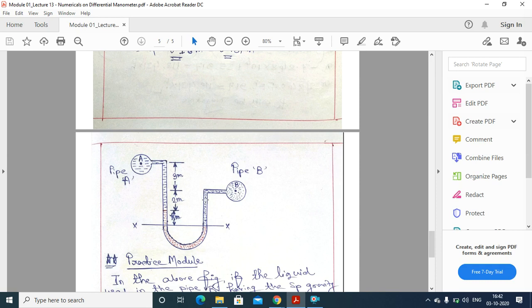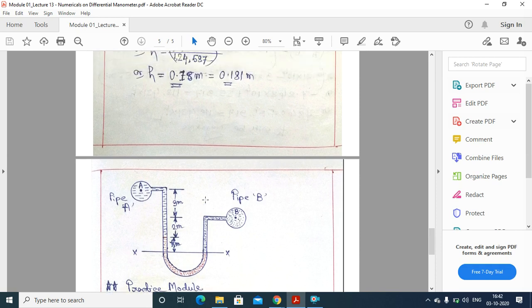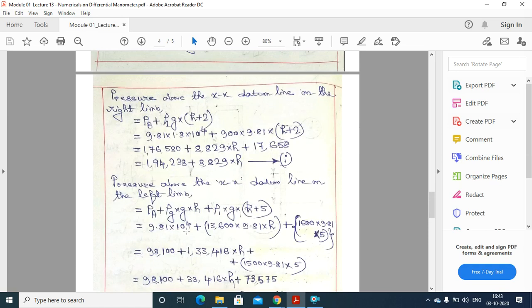This is the actual formula of pressure from the hydrostatic law, which we have already derived. Here it will be rho 2, into G into (h plus 2), because above the datum line up to point B the distance is small h plus 2.